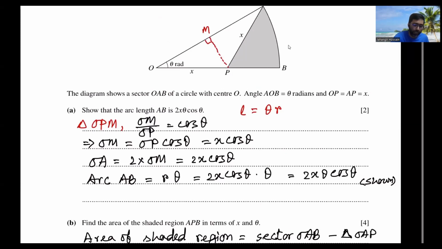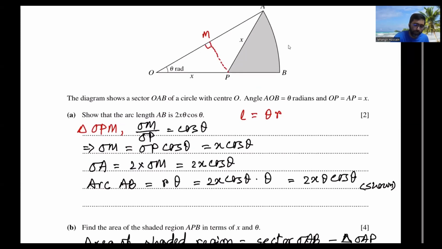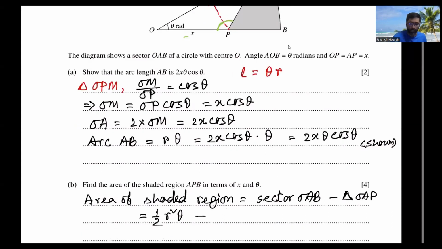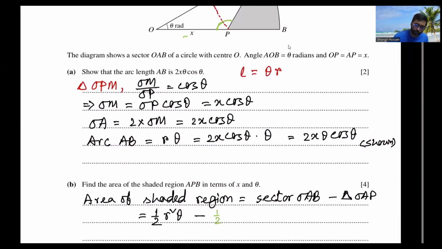To find the area of the triangle, you need this angle OPA because we know the length x and AP, or you can also use half OA into OP into sin theta. Either way, we are following here the second one, half OA into OP into sin theta.